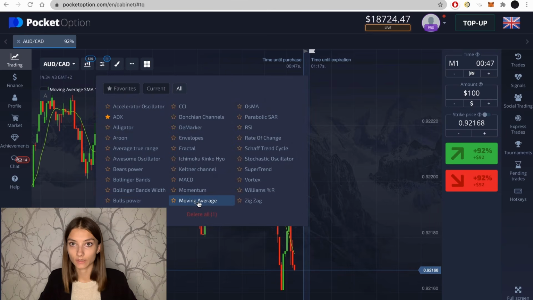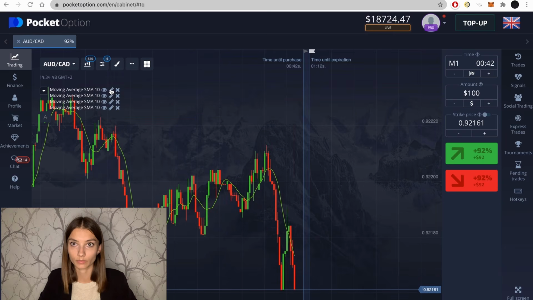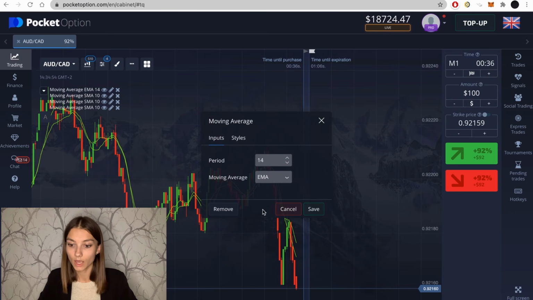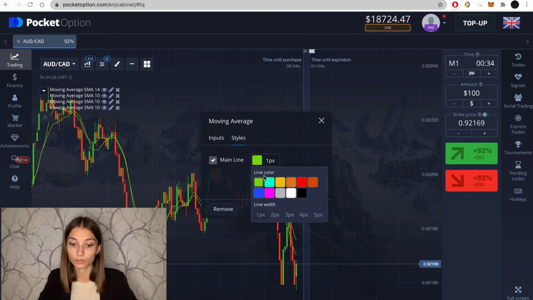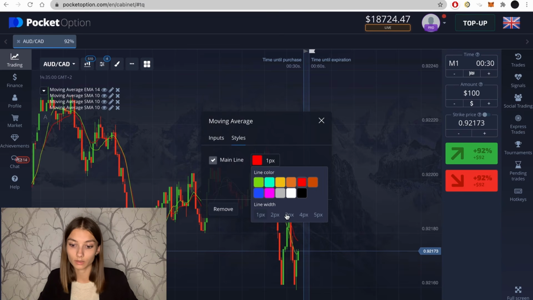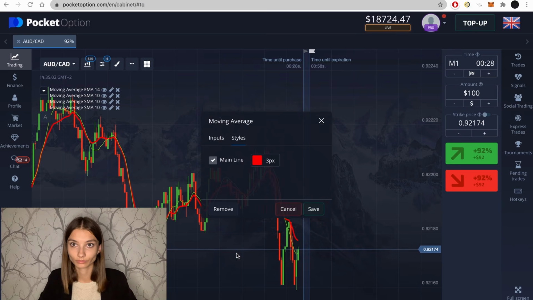I open the indicators, then open moving averages and click 4 times. Next we need to set the 14th period, put EMA and choose red color and put a line and then save it. This will be our main moving.